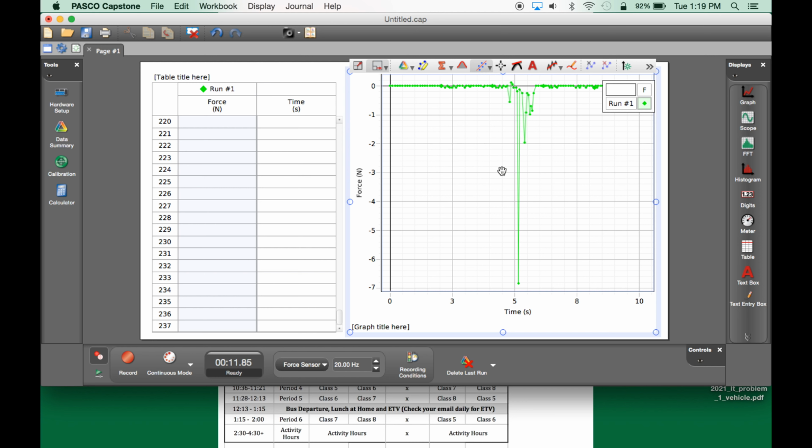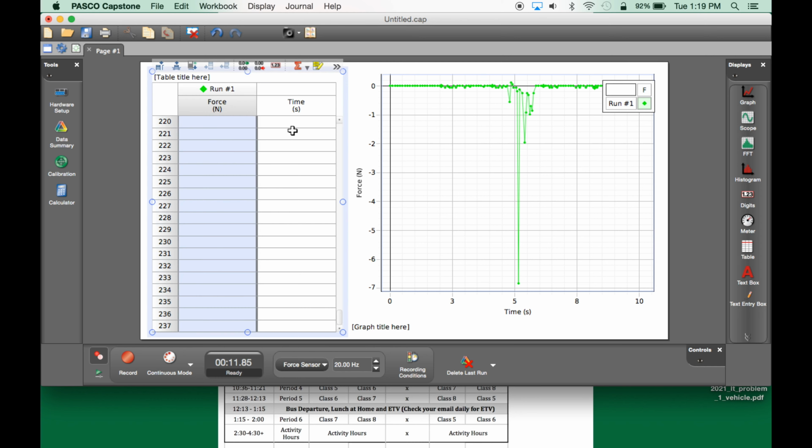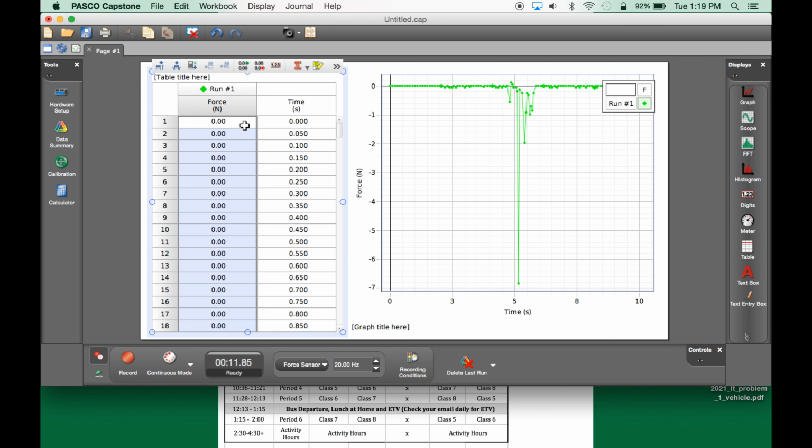So I can tell that between 0 and nearly 5 seconds, there's a lot of just dead data up here. So if I go all the way up here, I can go to about 5 seconds, which is about here.